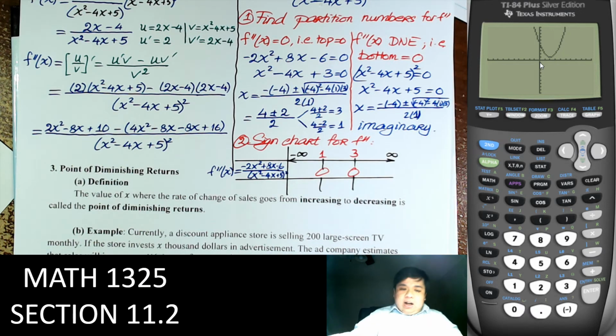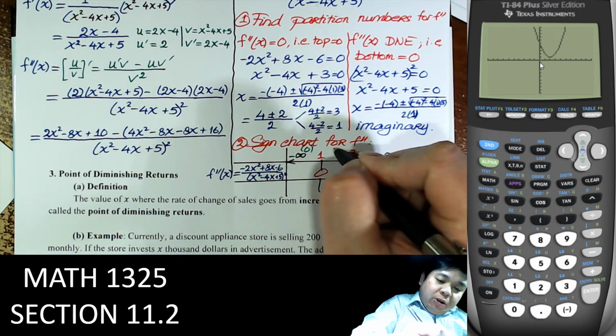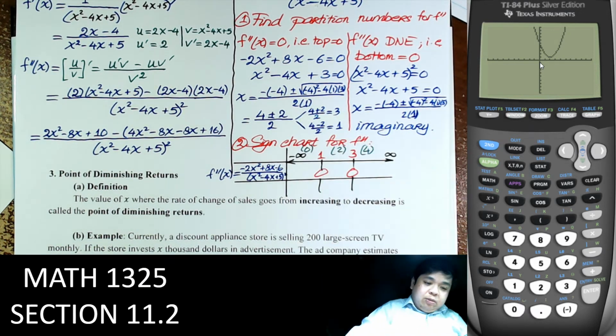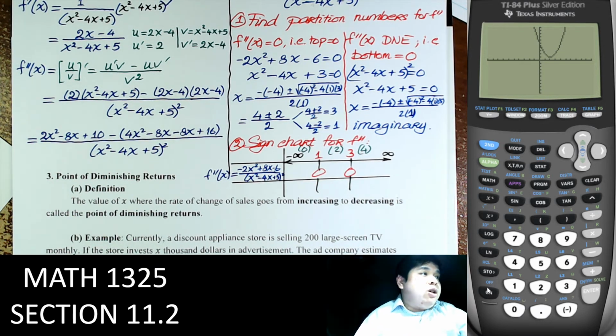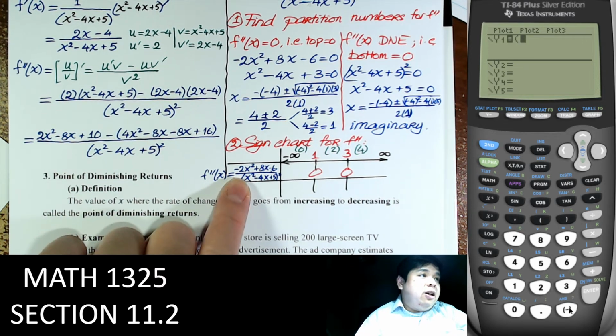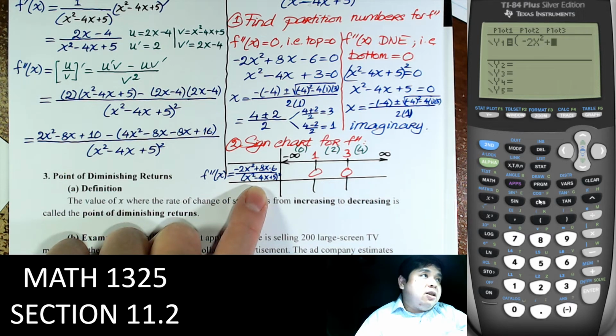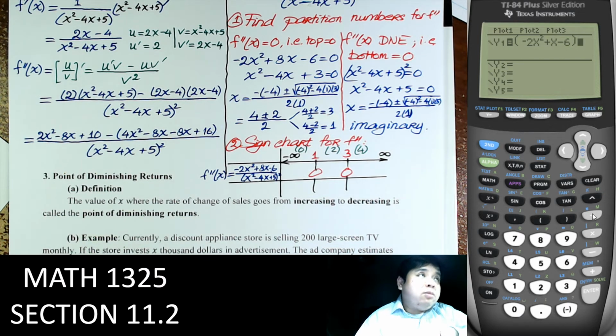Alright, test points I will choose 0, 2, and 4. I'm just going to use a calculator on this one.